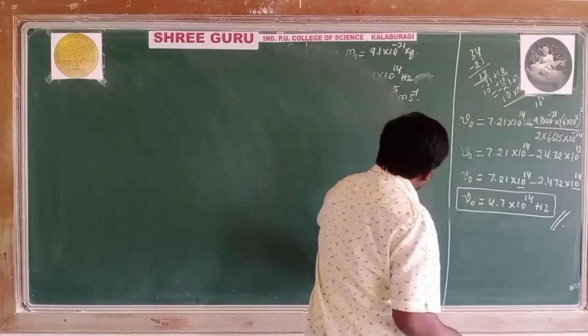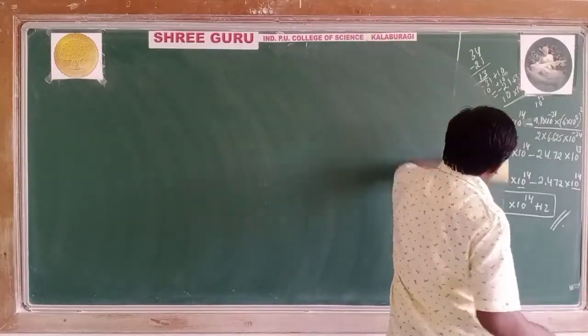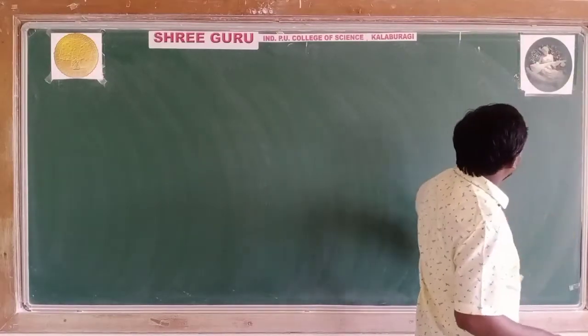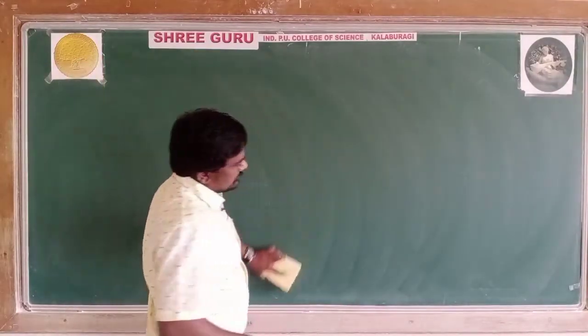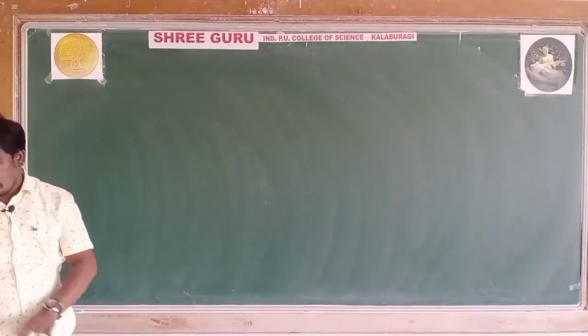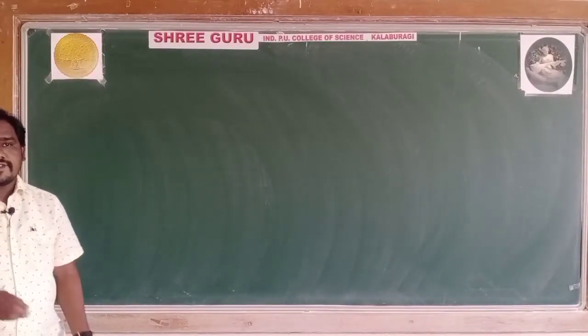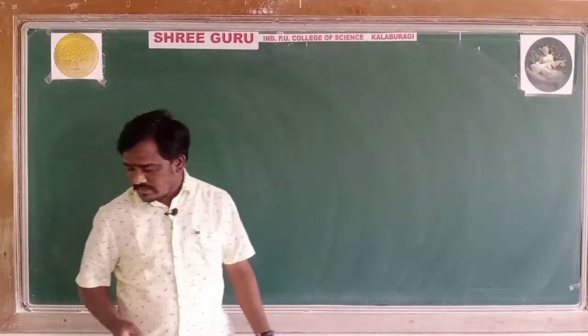Maybe this year they are going to ask the numericals from dual nature of matter and radiations, because for the last 3 years they have not asked numericals from it. These numericals are enough. Just solve these numericals and practice yourselves many times.